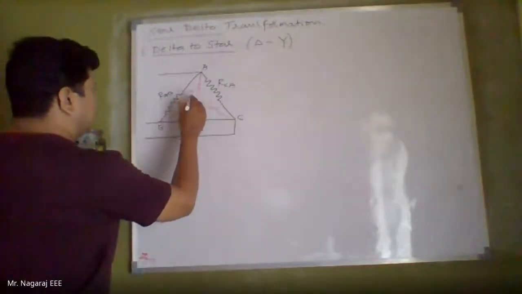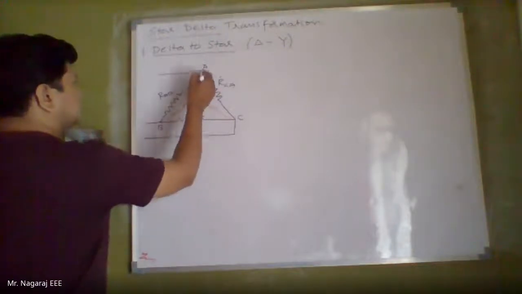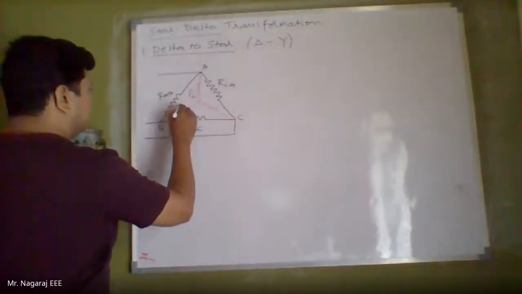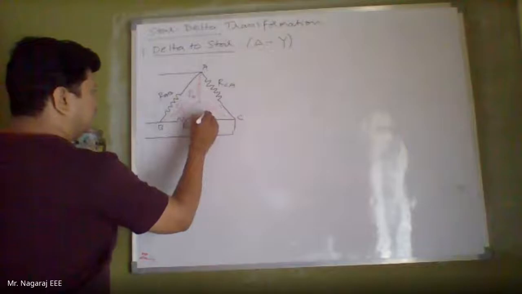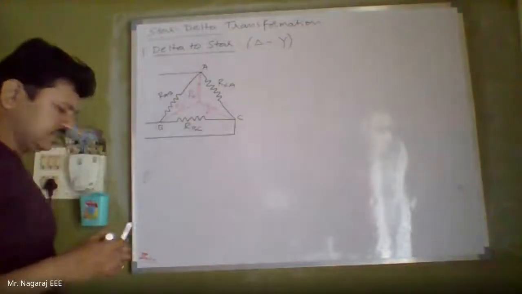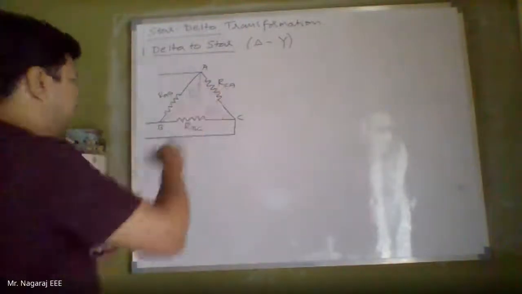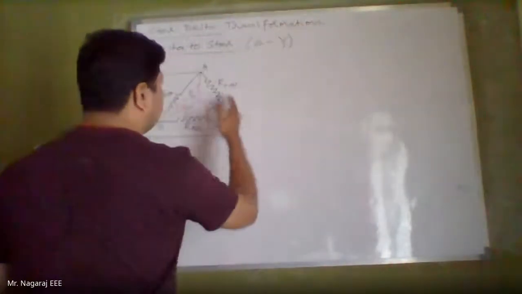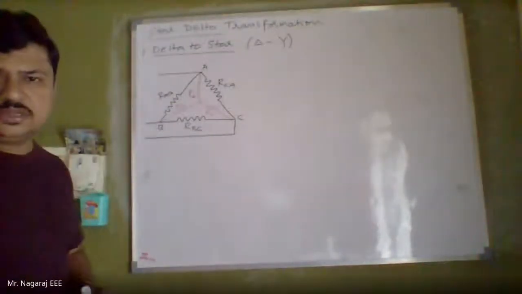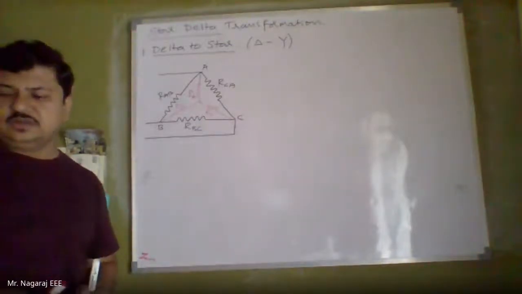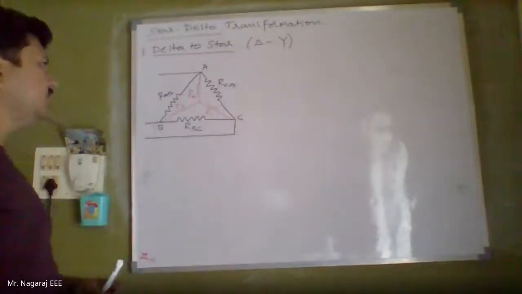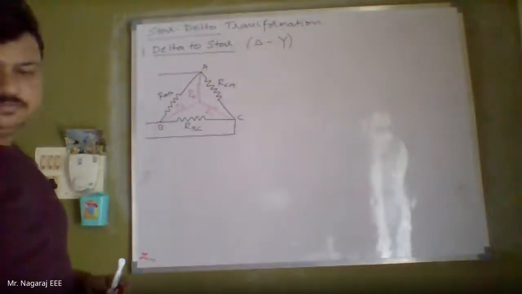So let this be RA, the resistance connected to node A, RB, the resistance connected to node B, and RC, the resistance connected to node C. At the end, I will draw it here. Now we will see what is the principle.